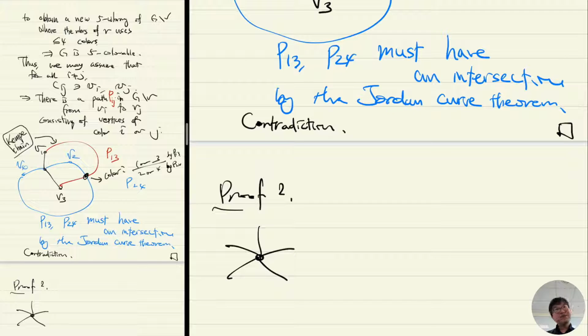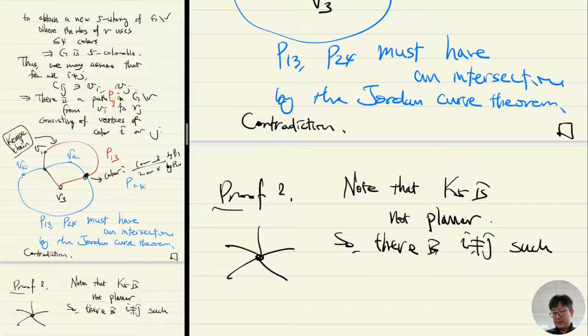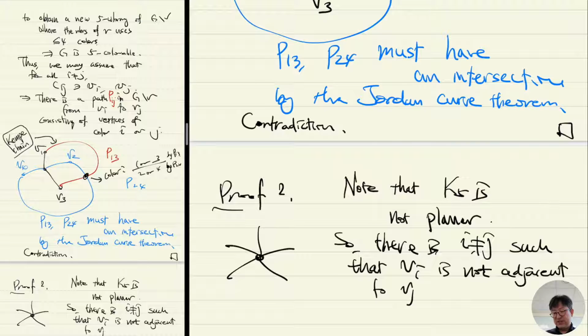So I have a vertex of degree 5, right? And note that K5 is not planar. So there is I and J such that Vi is not adjacent to Vj, right?